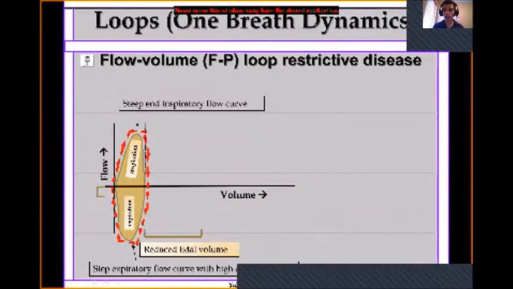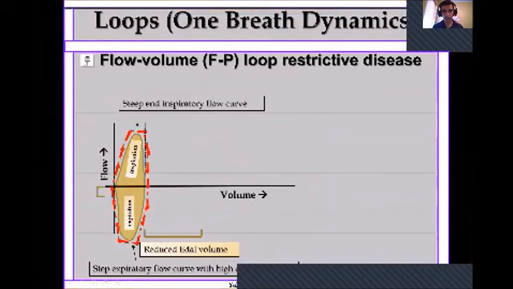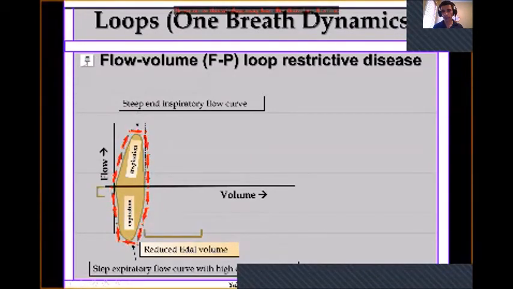While in restrictive lung disease, you can see you have a good flow, but you don't have volume because your alveoli are not distended. So you can see there is peaking or steepening at the end of the inspiratory flow and steepening of the expiratory flow, but you have less volume, because restriction means less volume, while obstruction is a problem with the expiration phase, and then it can become both of them.